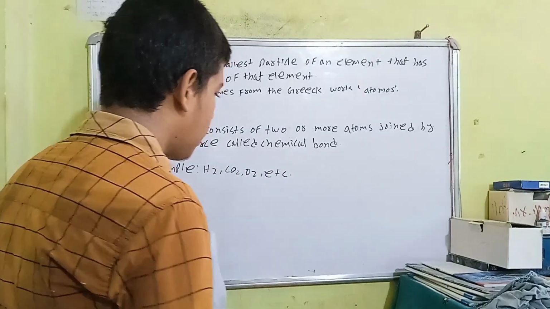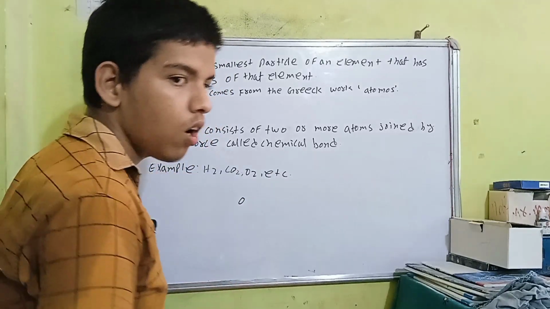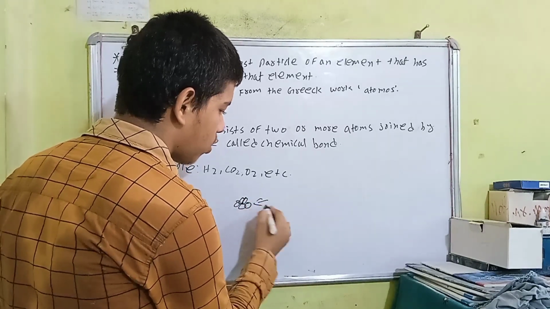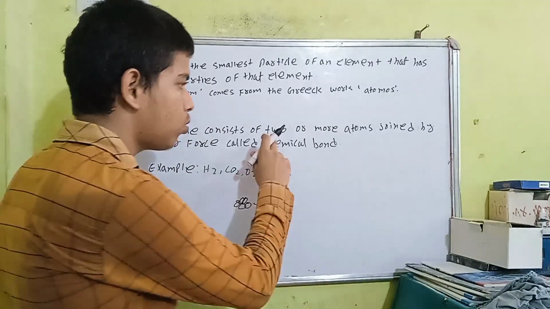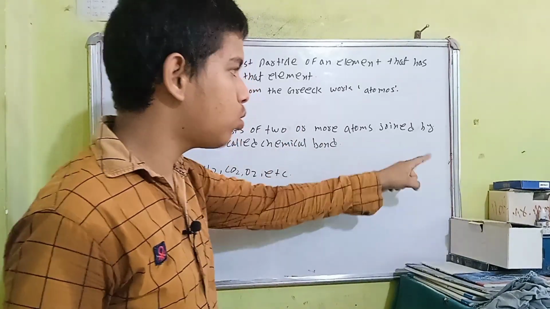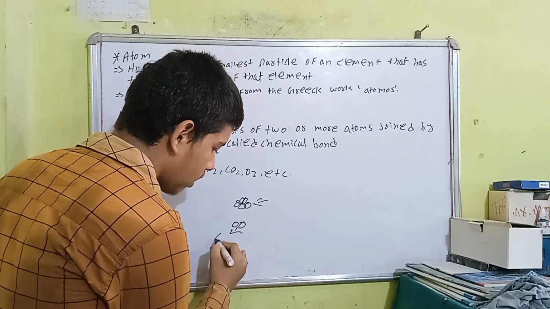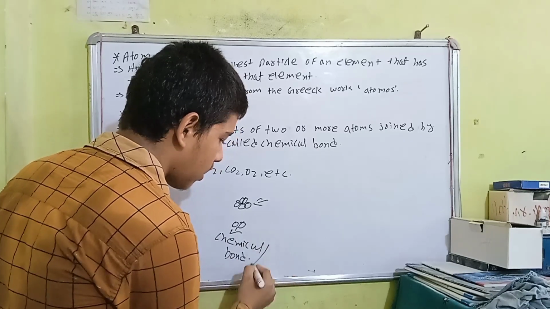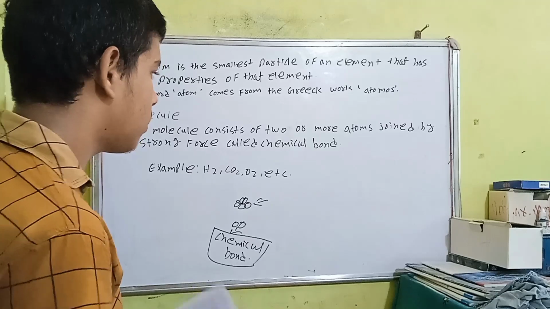So a molecule is made of two or more atoms, right? The force that joins these two atoms is called chemical bond. We will also study this later in another chapter. So this is the molecule.